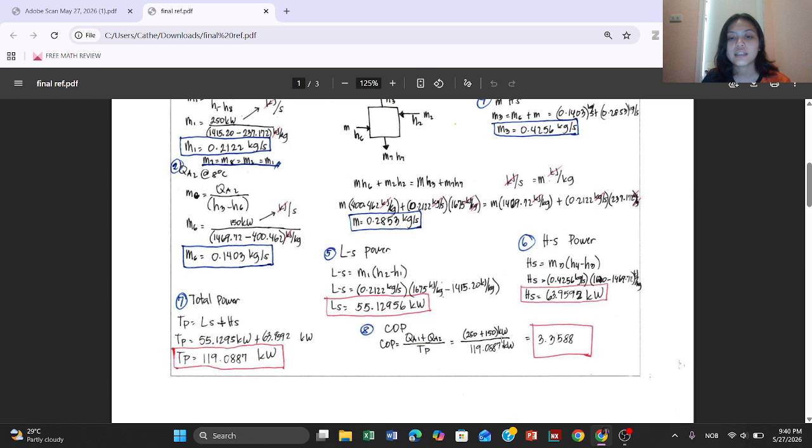So we get 250 plus 150 kilowatts of the two evaporators over the total power of 119.0887 kilowatts, and we have the COP value of 3.3588. So that's it. Thank you.